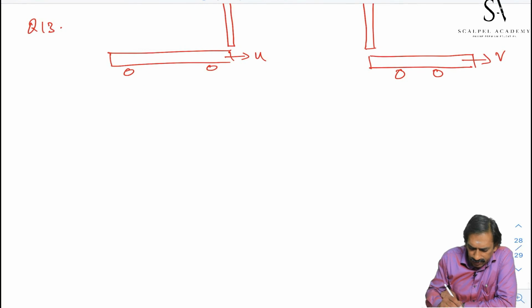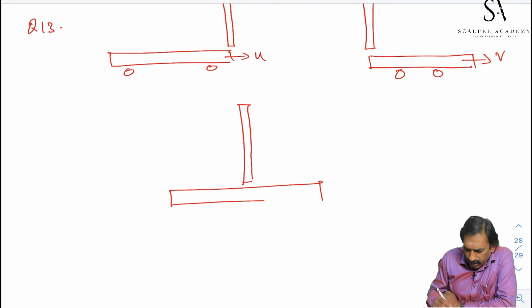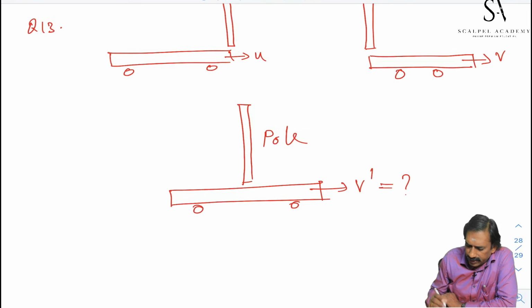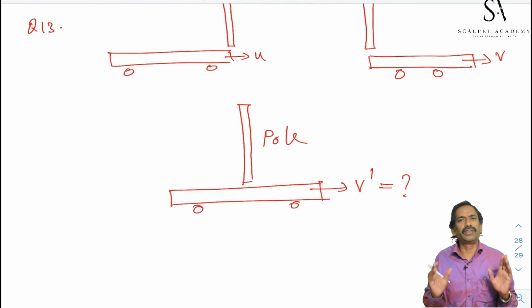The question is, what is the velocity of this train when the middle compartment crosses the same pole? V dash I take, V dash is equal to what? This is the question.